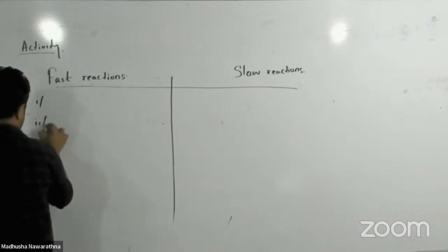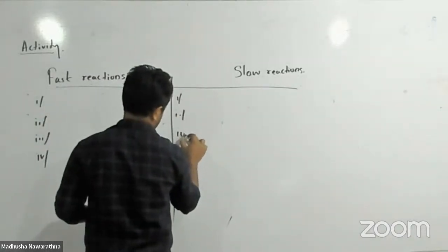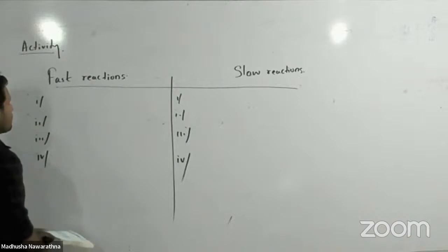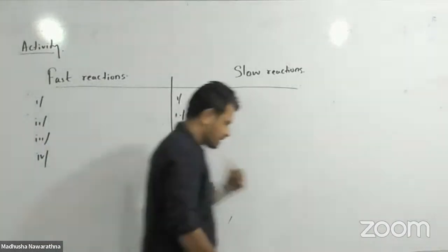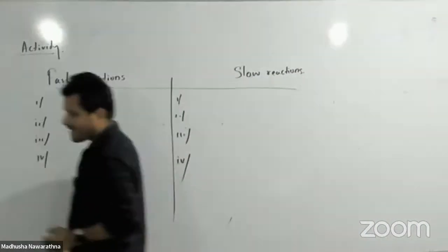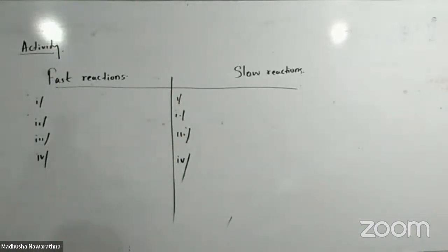Number 1, 2, 3, 4. Refer කරන්න ඔයාලගේ page number 115 and then could you please categorize these reactions as fast reactions and slow reactions? Hurry up. Page number 115. I'll give 2-3 minutes. Read and then categorize. You need to make this table also. ඉක්මන් කරන්න.